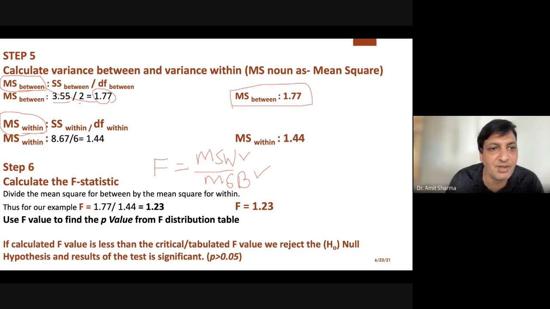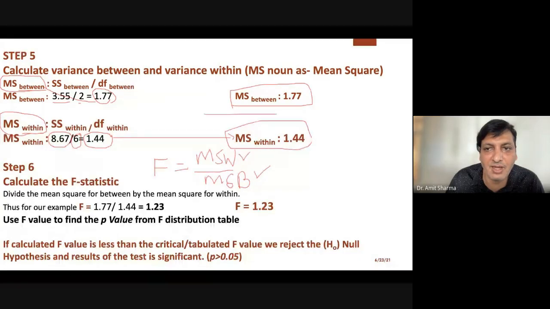And if we want to calculate the MS within, SS within we have calculated in the previous slide, that was 8.67, and degree of freedom within we have calculated in the previous slide, it was 6. So we can calculate and we will get the MS within, and by dividing MS between by MS within, we are going to get the final F score.